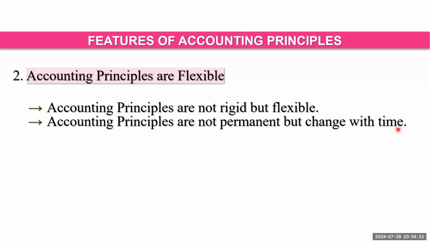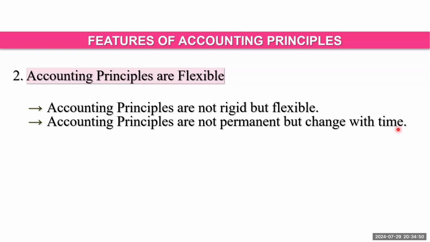We can take another example also. Suppose the government has passed some act and requires that a particular item should be disclosed in your final accounts. But previously, in the accounting standard, there was no requirement about this. Since the government has passed a new act, we have to change.